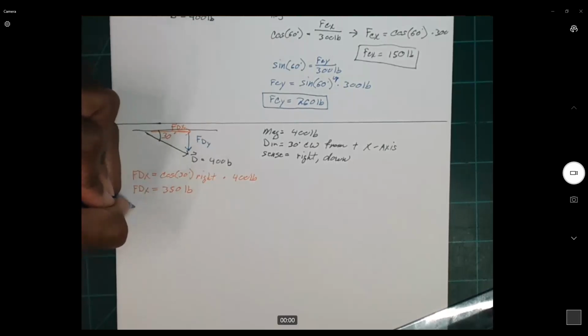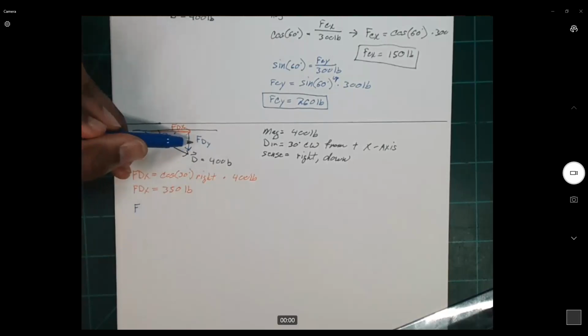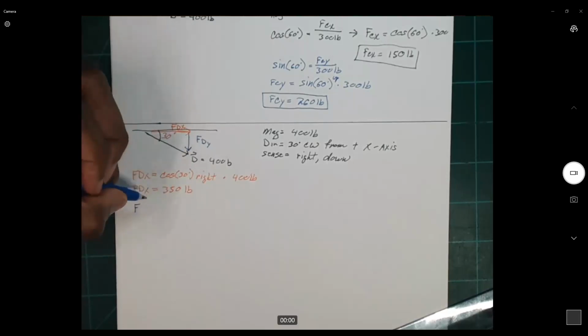Okay, we have F dy. Since that's going down, that is a negative force dy.